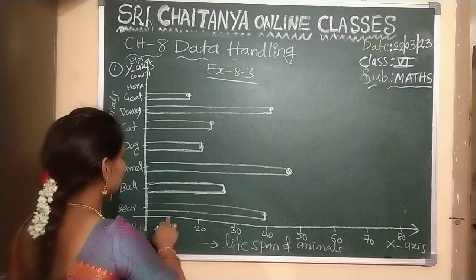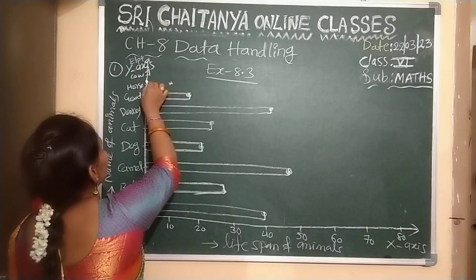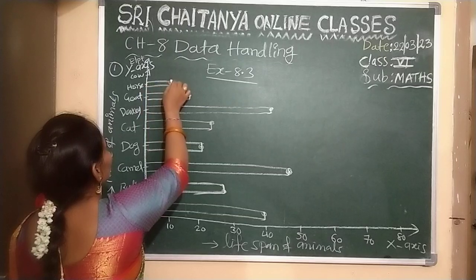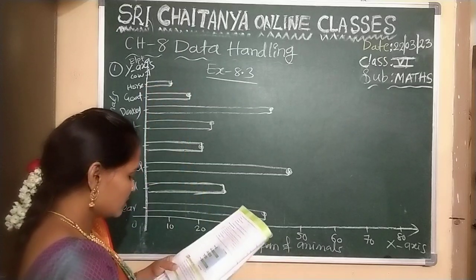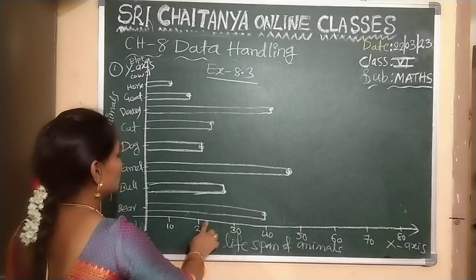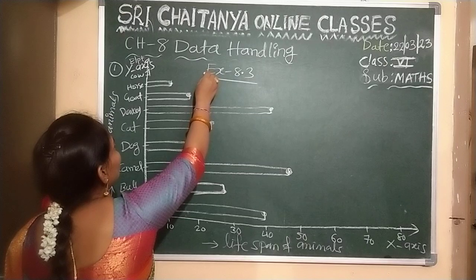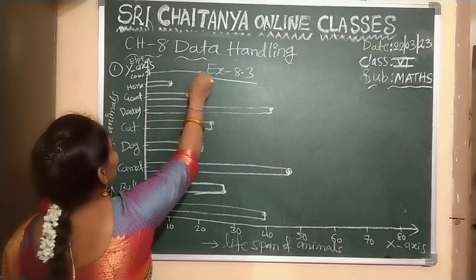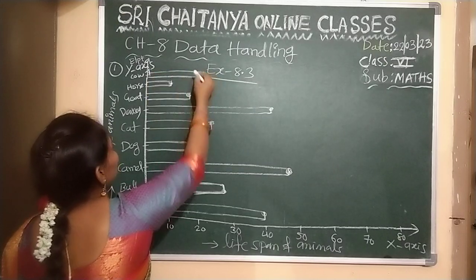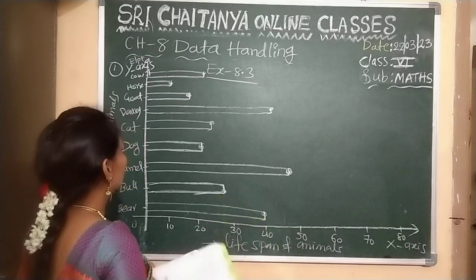After goat, horse 10 years. The lifespan of the horse is very little compared to other animals, right? Next is cow, 22 years. Next is elephant, 70 years.